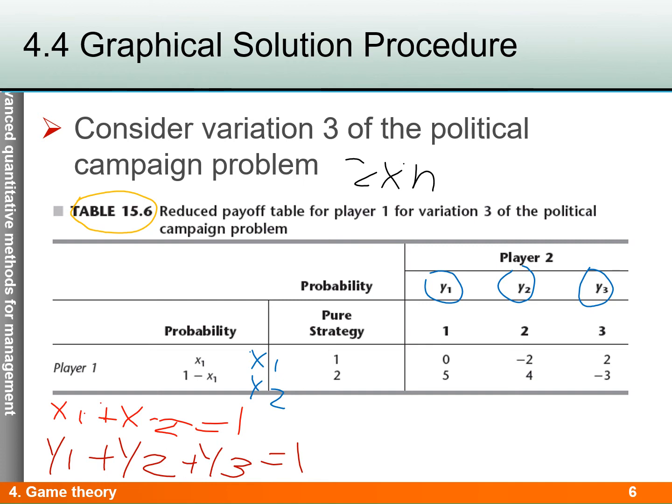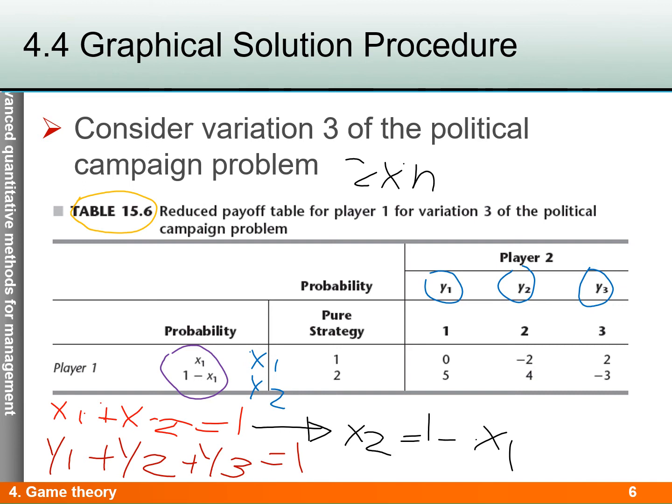Okay, so guys, easily to calculate these probabilities, okay, for the player 1, I can say that x2 is equal to 1 minus x1. Yes or no? So I can substitute this probability in this form instead of having x1 and x2.